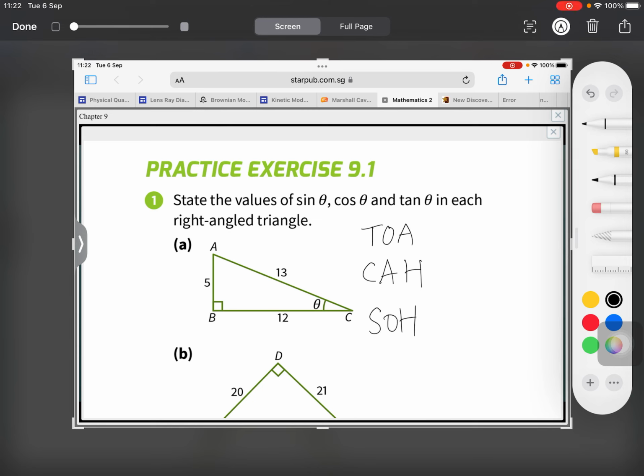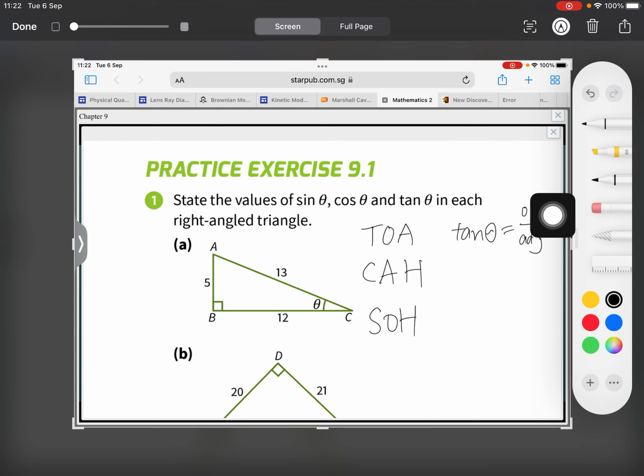So basically what this means is that the function of tangent will link O and A: the numerator is O, which is opposite, and the denominator is A, which is adjacent.